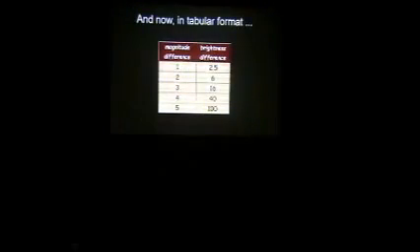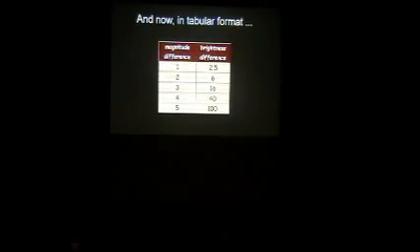Similarly, a magnitude 1 object is 100 times brighter than a magnitude 6 object. Okay? So this is just a result of how our eyes work and how they are logarithmic. If you want to see this in tabular format, just if that helps at all.